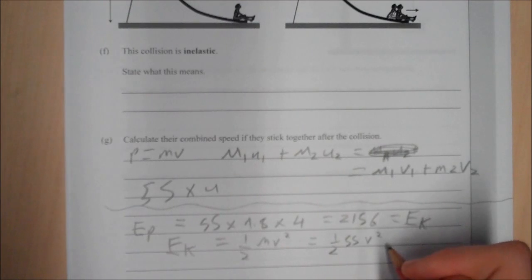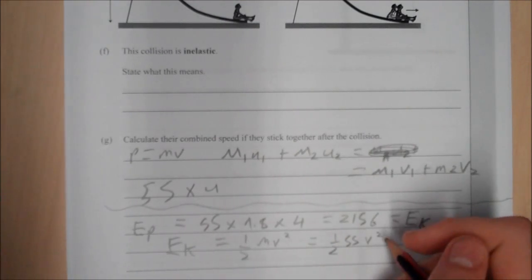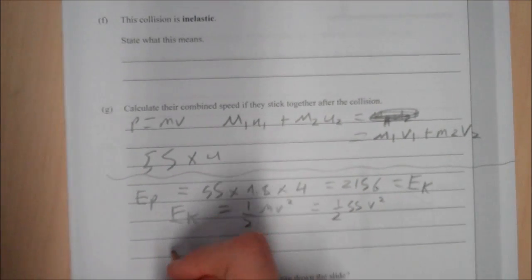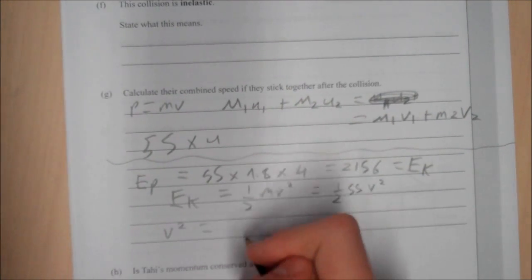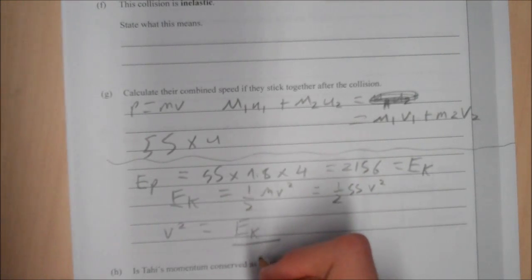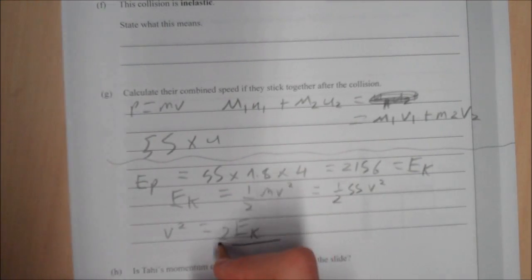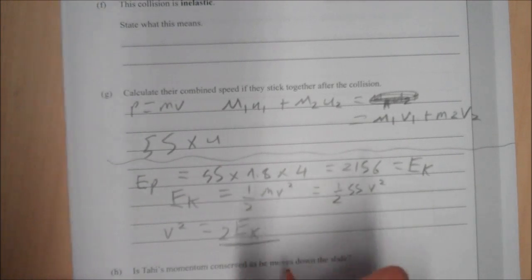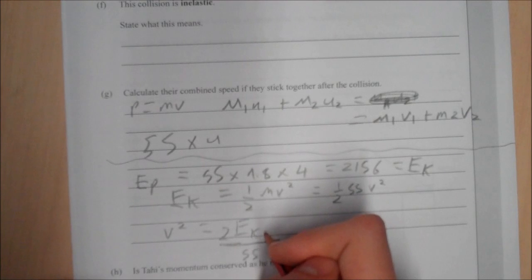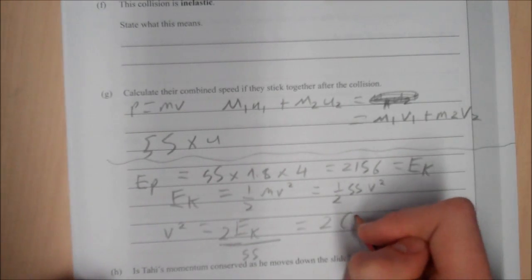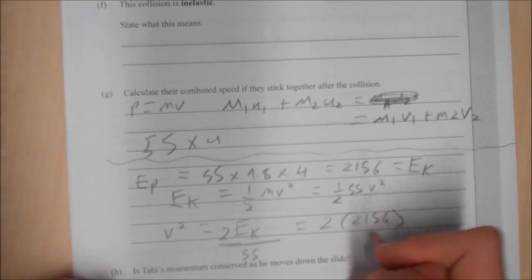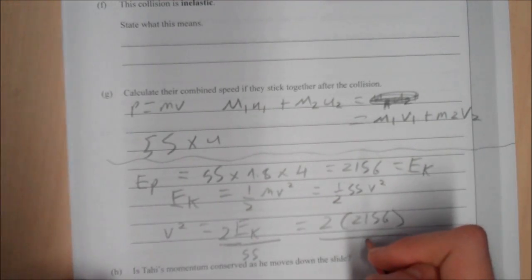And we can rearrange this so we get velocity squared is equal to Ek times 2 over 55, and this is equal to 2,156 over 55.